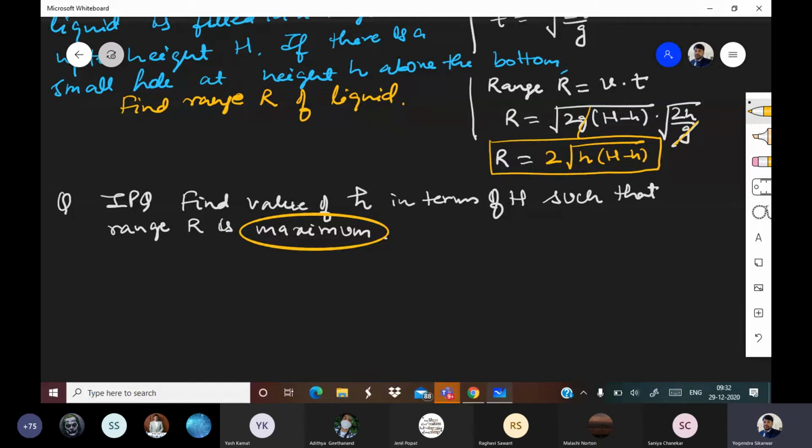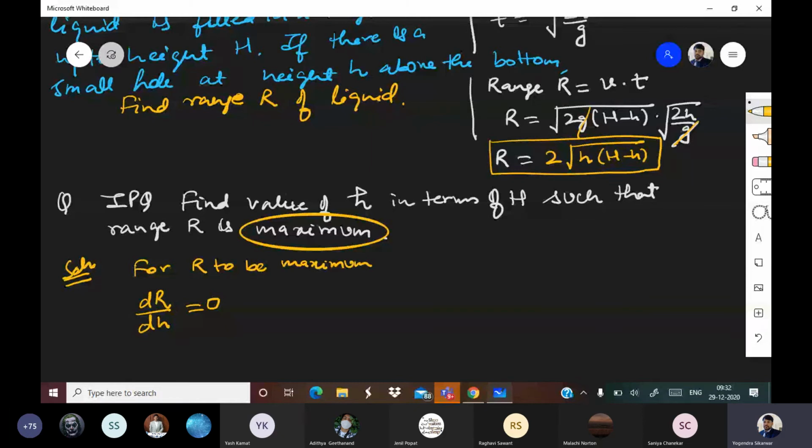Now the concept of maxima minima says, wherever the quantity is maximum or minimum, its differentiation will be equal to 0. So for R to be maximum, dR by dh is equal to 0.